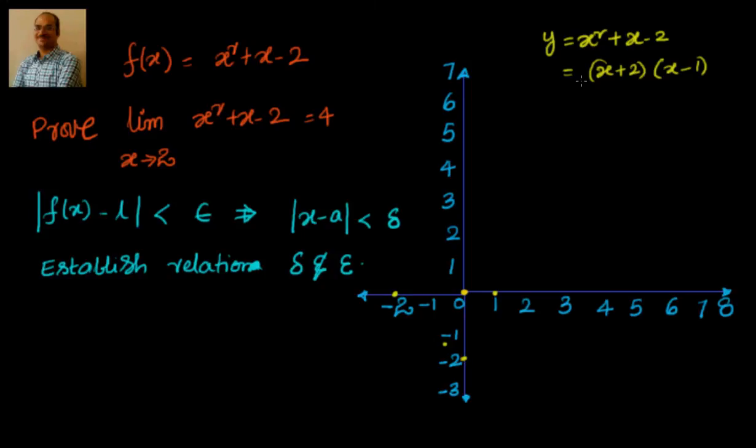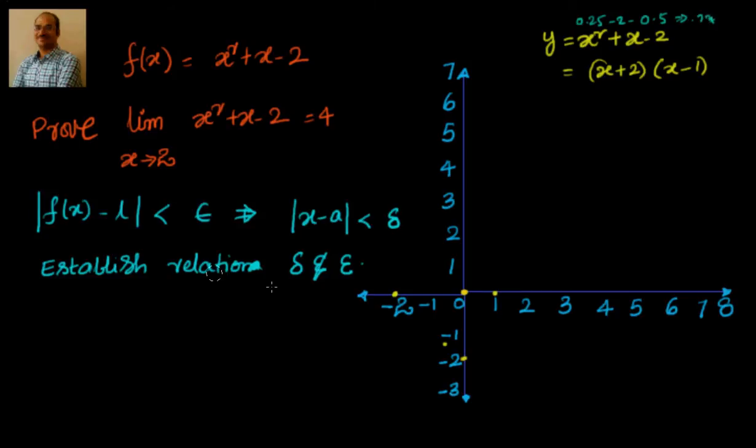At x equal to 0, y equals minus 2. Let us calculate the vertex also. At x equal to minus 0.5, y is 0.25 minus 2 minus 0.5, that is minus 2.25.